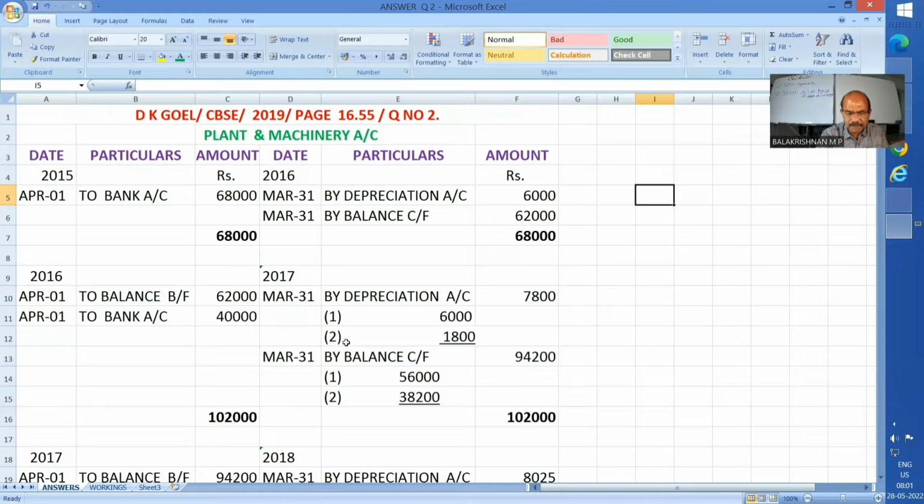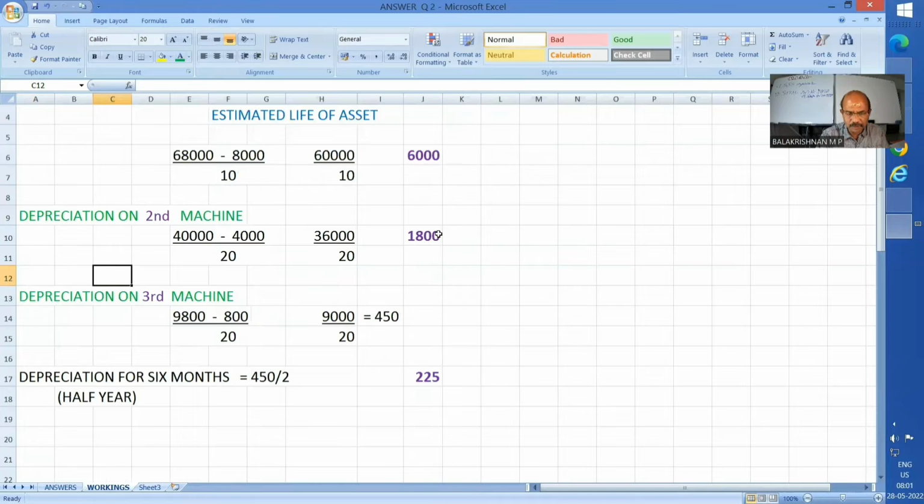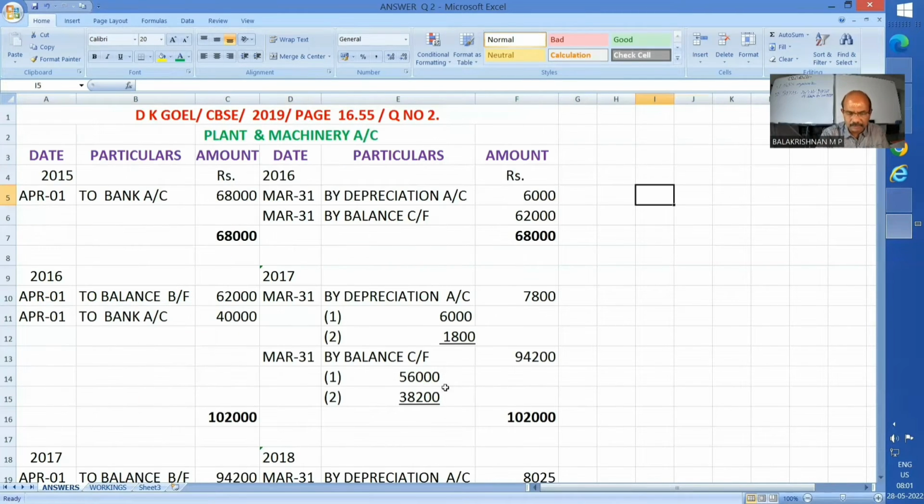And second machine we have calculated as 1,800. If there is any doubt, go back to your working: 6,000 and 1,800 annual depreciation. Fine. Then total depreciation is 7,800. Now close the book. Total 1,02,000, put it here. You find a difference of 94,200. That's the balance carried forward.